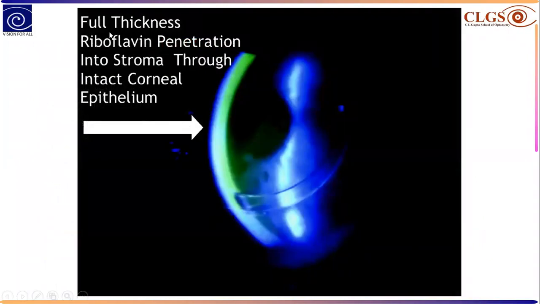In this picture, we can see that the epithelium is intact. And how do you know the riboflavin is there? In the blue light, riboflavin appears fluorescent. Here, you are seeing it is not fluorescein, actually it is riboflavin. So it has penetrated into the stroma without removing the epithelium.